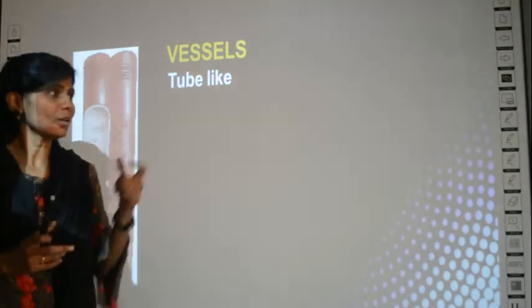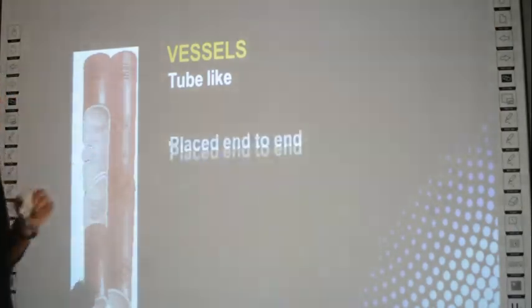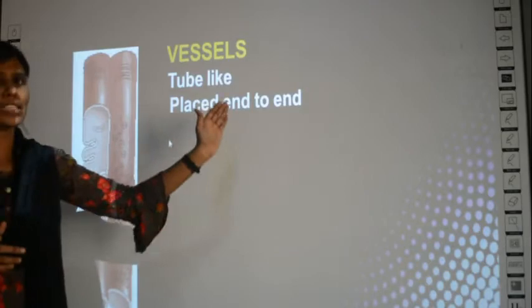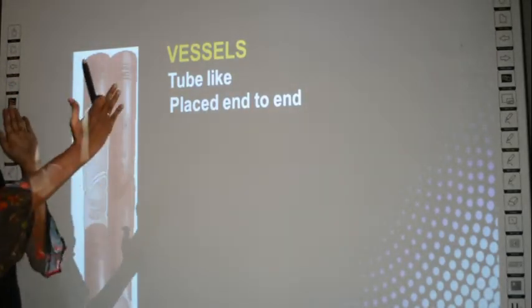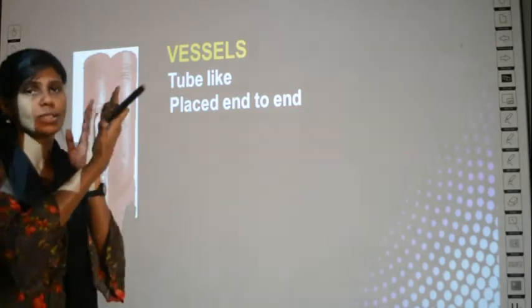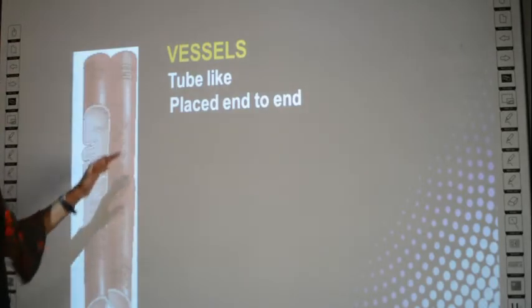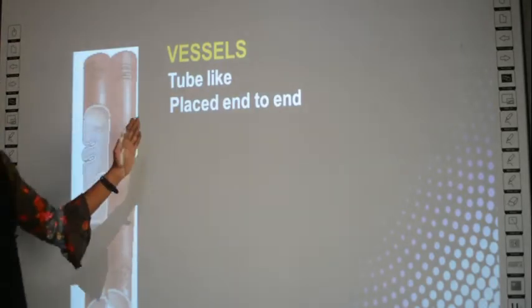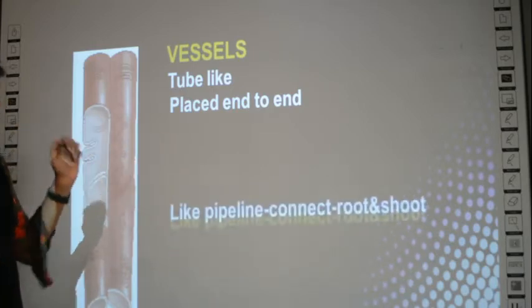The vessels of xylem appear like a tube, and they are placed end to end, which means if there is one tube, the next tube is just placed next to it. One end touches the next end. So one vessel will touch the next vessel's wall. That's why it is called end to end, next to next it is placed.